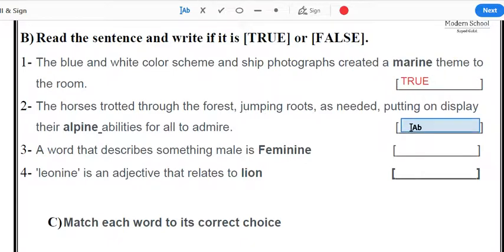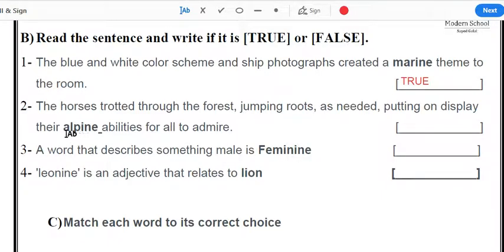The horses trotted through the forest, jumping the roots as needed, putting on display their alpine abilities for all to admire. The word trotted means the march of the horses. So we have here alpine, this is the meant word.